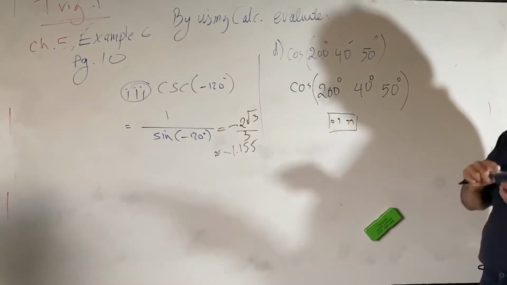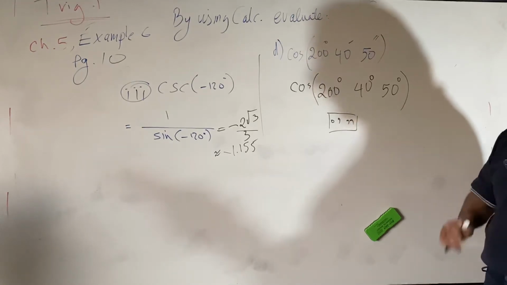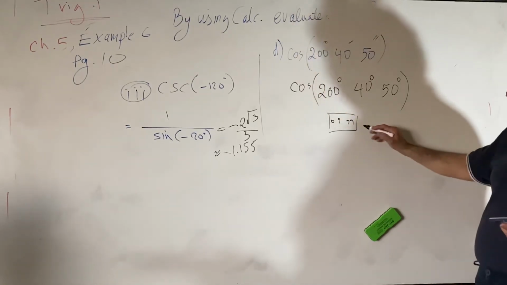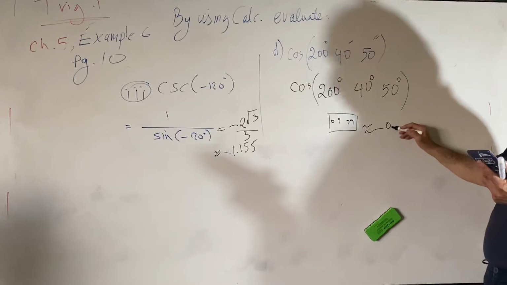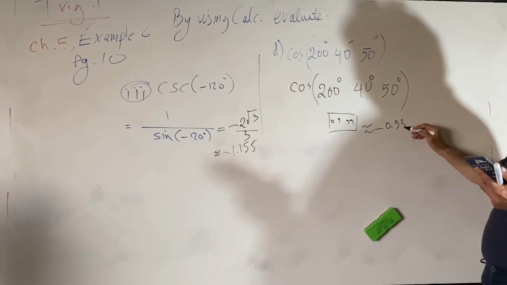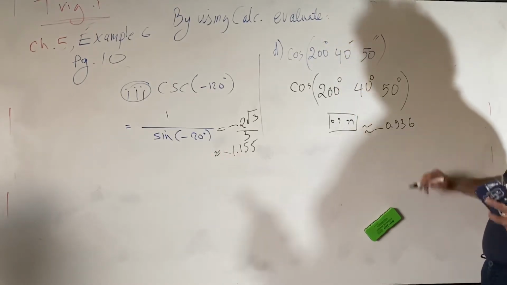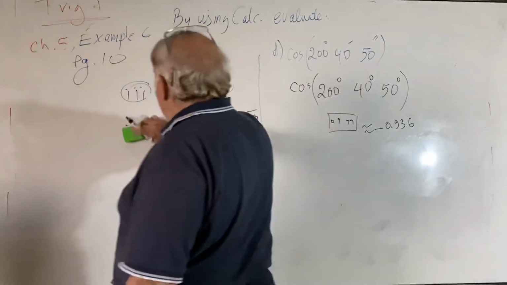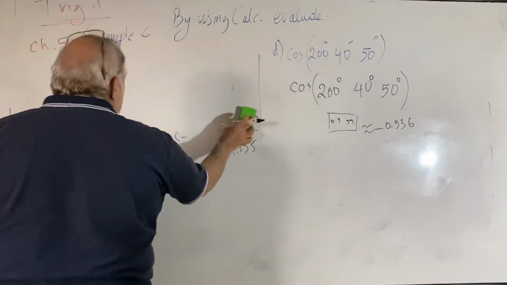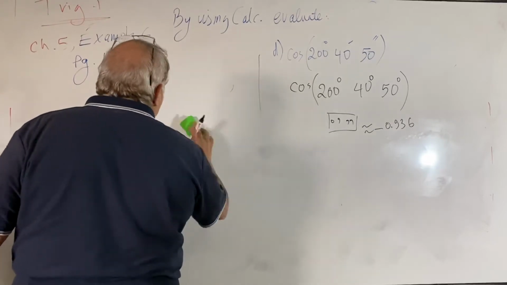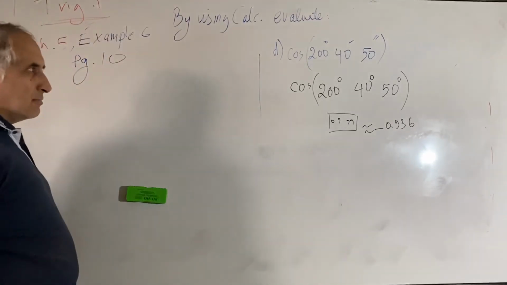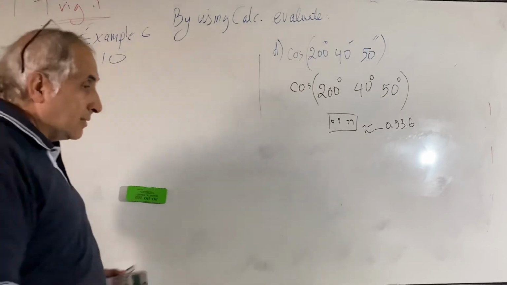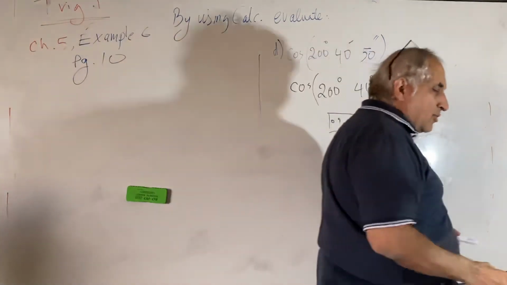Close the bracket, put equal. The answer is negative 0.93556. Let's say 3 decimal places. So sometimes, especially if you are studying engineering and civil, you need these things. You need a lot. So without a calculator, sometimes you cannot hang on.